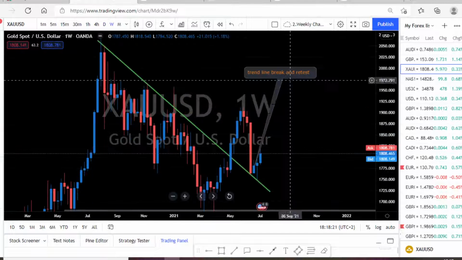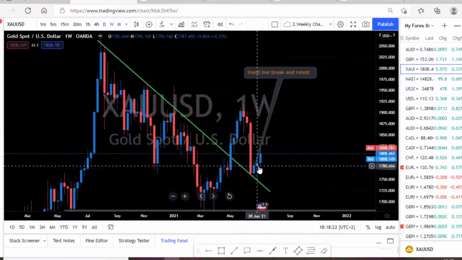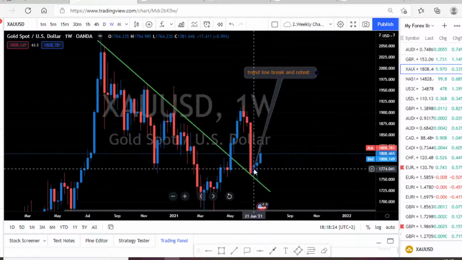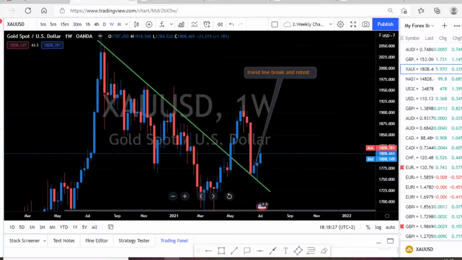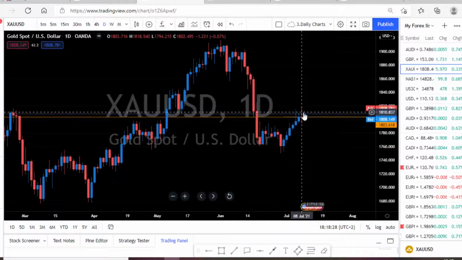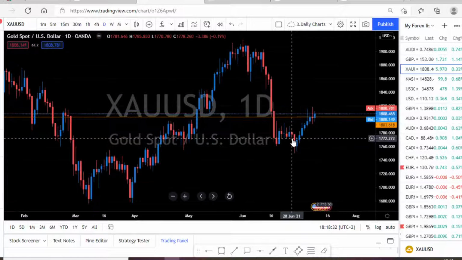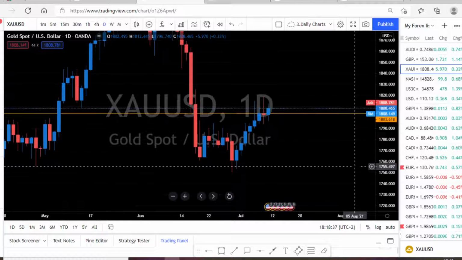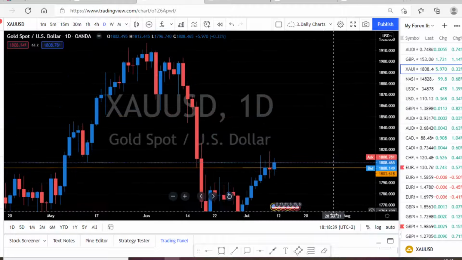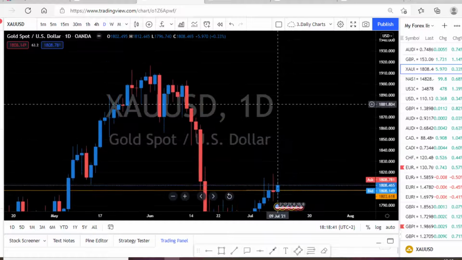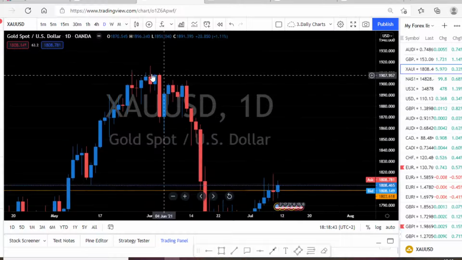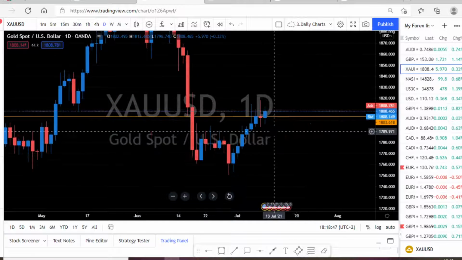At this point, we have a little bit of an uptrend, a little bit of a leg pushing up right here. Then what are we expecting? Based off the weekly time frame, we expect the price to maybe give us a test to this resistance level right here.